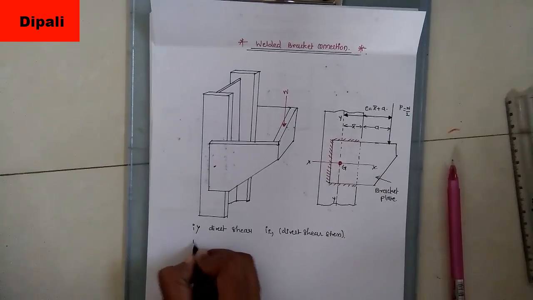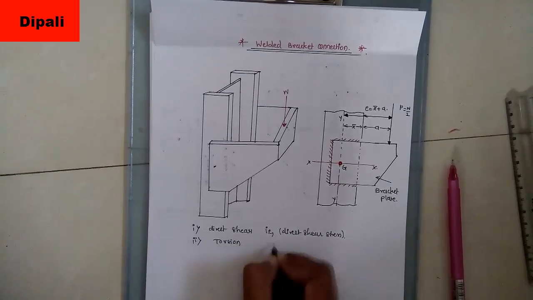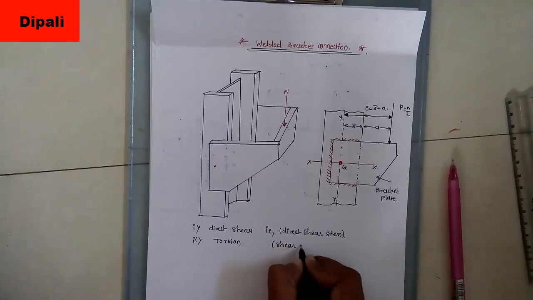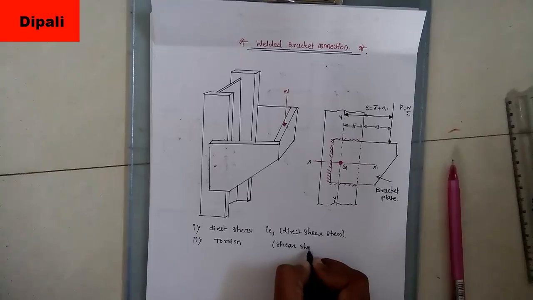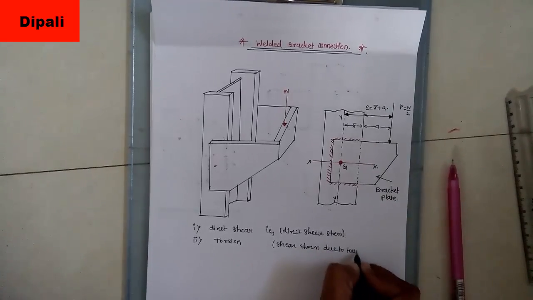Second is the torsion, or you can say the shear stress due to twisting moment.